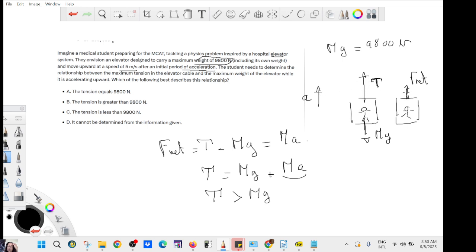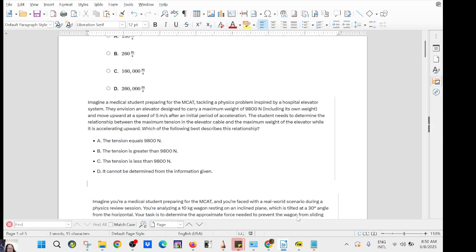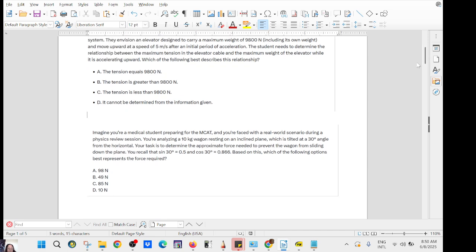The net force is upward, okay? Net force is always parallel to the acceleration, and in magnitude it has to be proportional. Okay, that was not bad. So let's do the next problem.